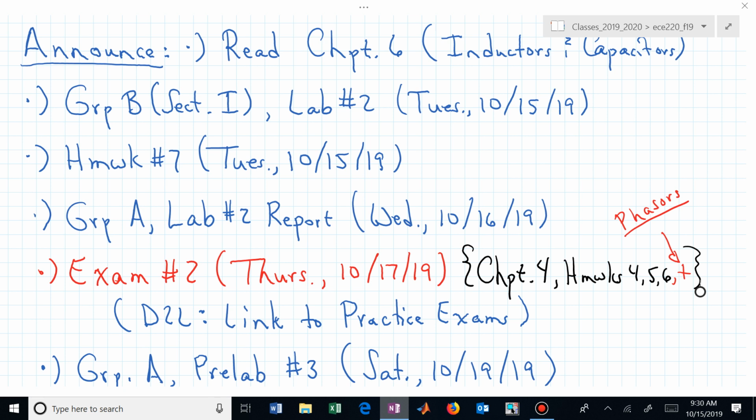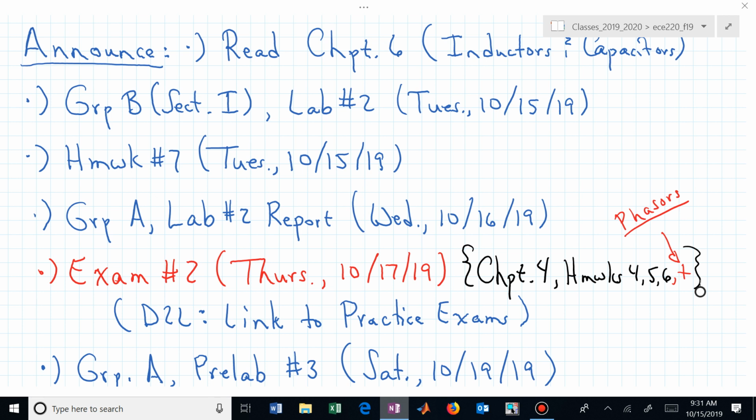A little additional material for exam number 2 will be phasors, so please make note of that, and we'll go through some of that today, hopefully to get you a little more comfortable with playing with complex numbers. And the idea is to get you ready for chapter 9 when we really have to use it routinely.